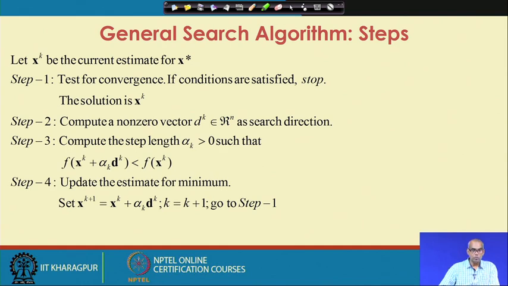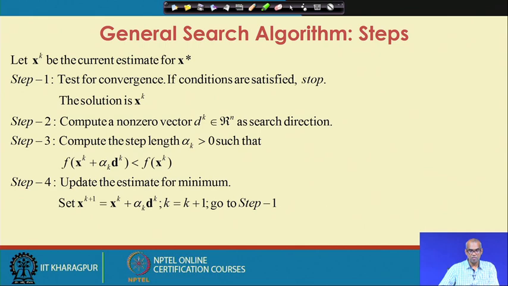Next, step 2, compute a non-zero vector d k, which is the search direction. Step 3, compute the step length alpha k greater than 0 such that f of x k plus alpha k d k is less than f of x k.